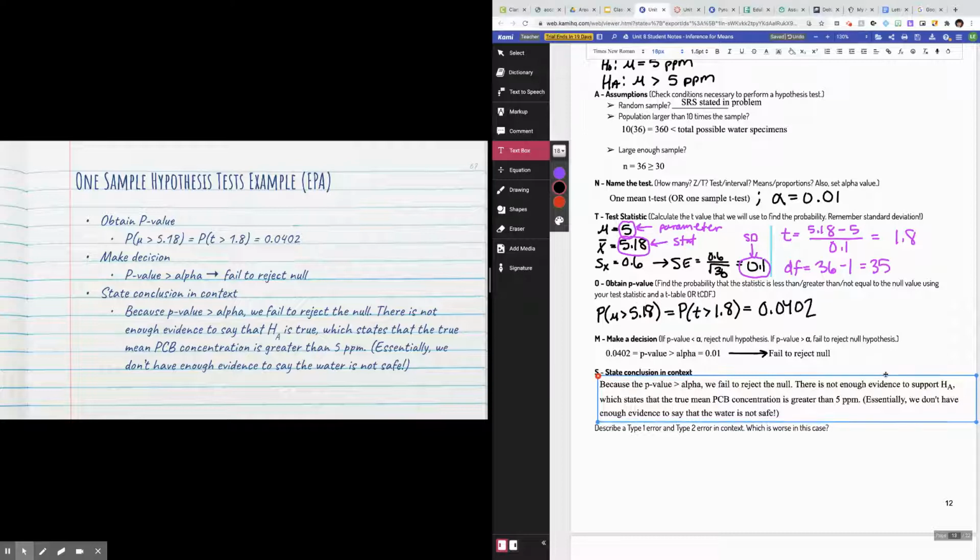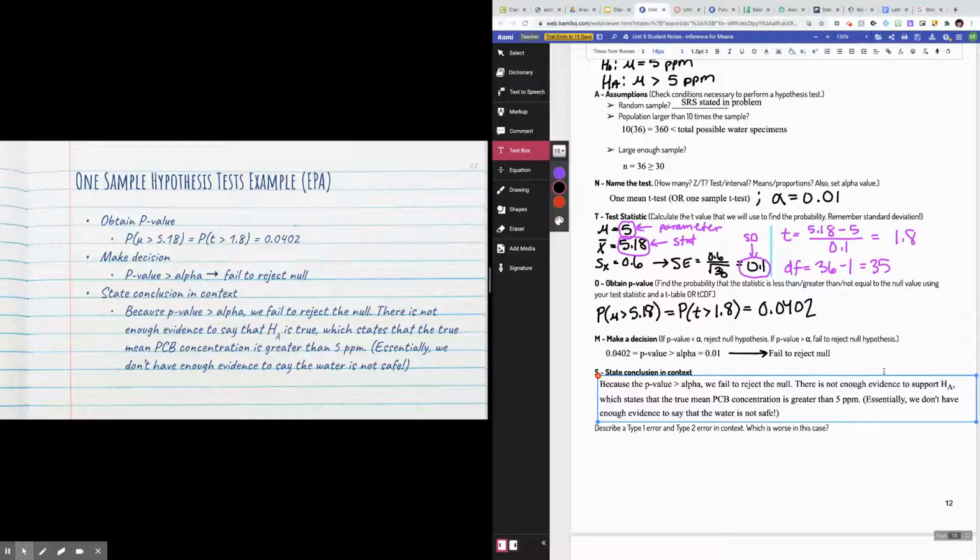This is a good example to show you why we always fail to reject a null rather than accepting a null, because we could run another test, or if I had set a slightly different alpha value, I could do another test that would show that the water is not safe, right? So we're saying we don't have enough evidence to say that the water is not safe, right?